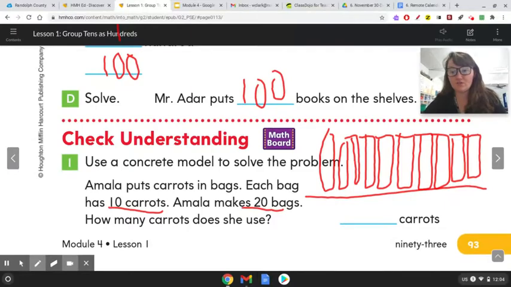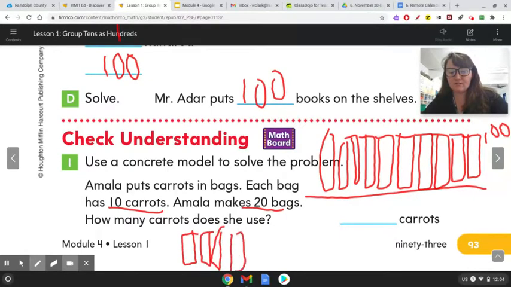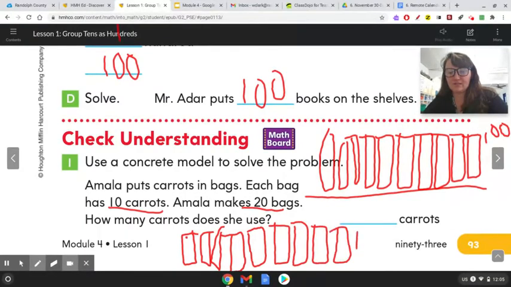No. So all you're doing is counting by tens. So far we have 100 carrots, but we still have to do another set. So remember, we're counting by 10. So 10, 20, 30, 40, or 1, 2, 3, 4, 5, 6, 7, 8, 9, 10.